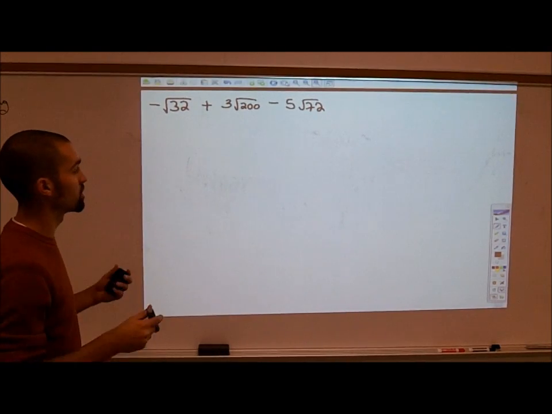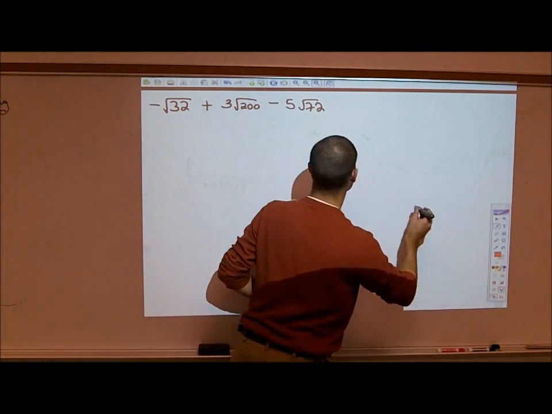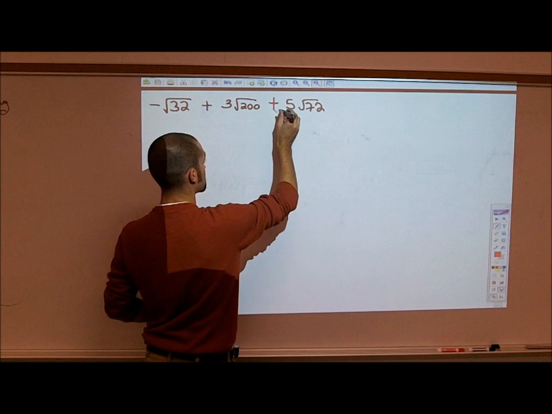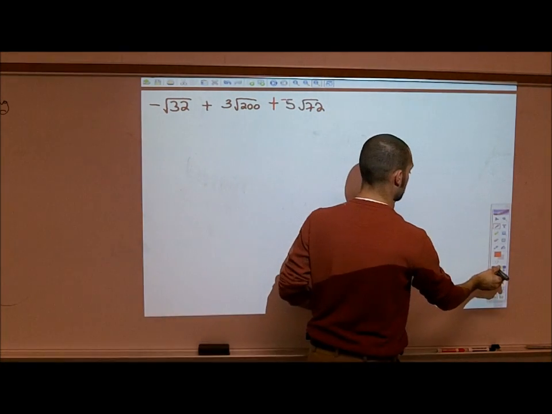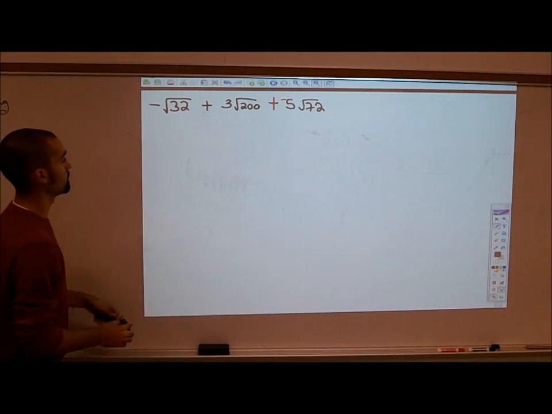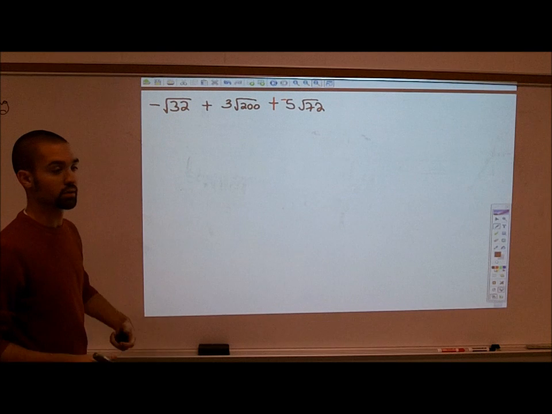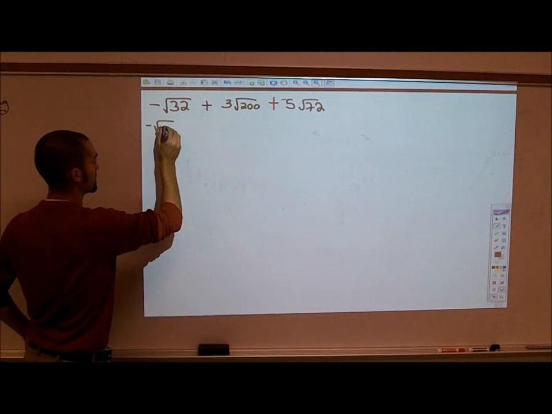again, we change any subtraction to addition. So this becomes a plus, that becomes a negative 5. Now we go simplify. I know my final one's going to be negative, okay? Square root of 32, not a perfect square. The largest perfect square that goes into 32 is 16.